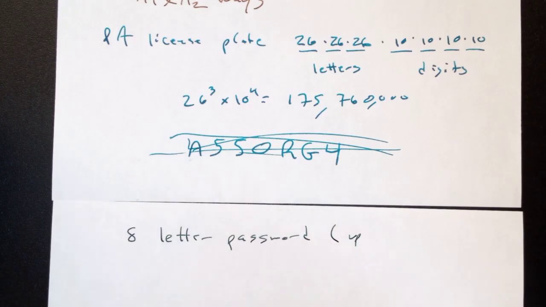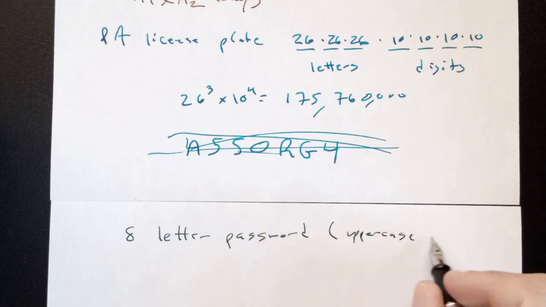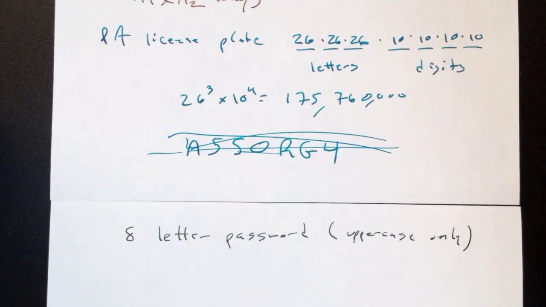Who said that? It was the right number, but who said it? There are 8 spots. Each one has 26 options, right? So I'm going to get 26 to the 8th, which is not a small number. Again, you've got a calculator.